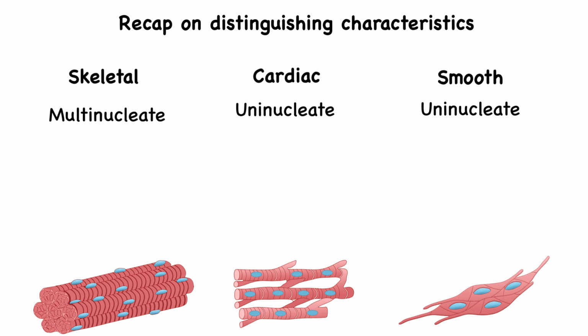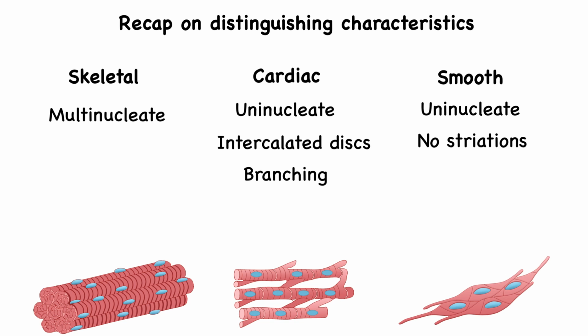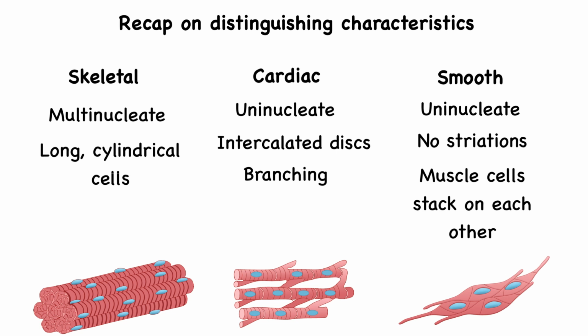Cardiac muscle also uniquely has intercalated discs and branching of the cells. Smooth muscle, on the other hand, again is smooth, and it does not have striations. It is also uninucleate, and the muscle cells themselves stack on top of one another, so they have a very different makeup and appearance than we see in both skeletal and cardiac muscle tissue.